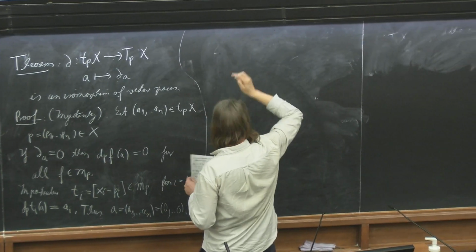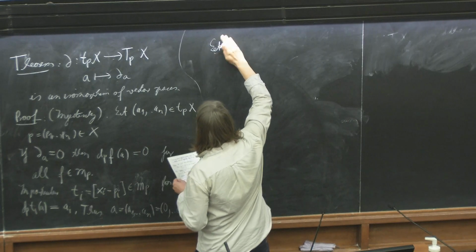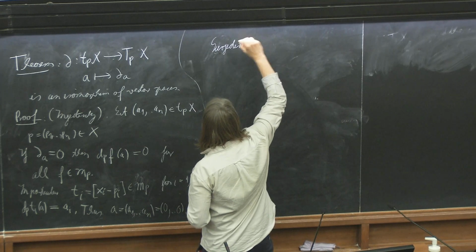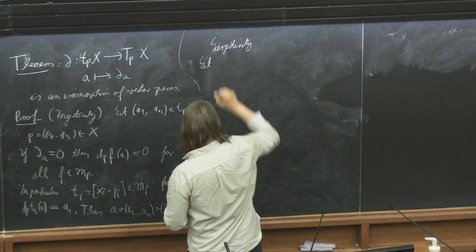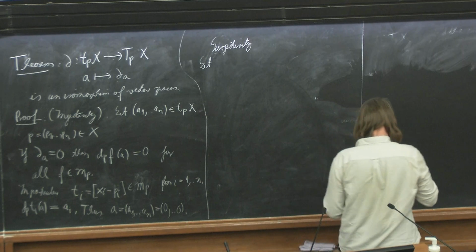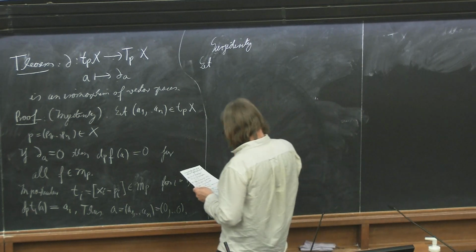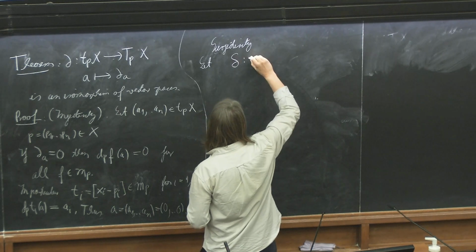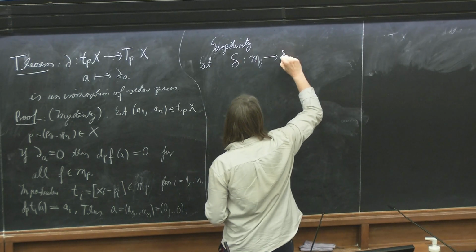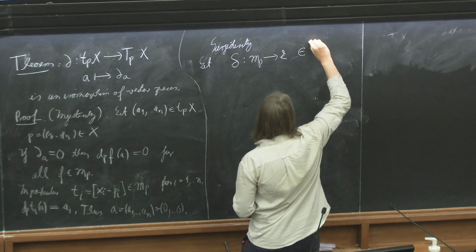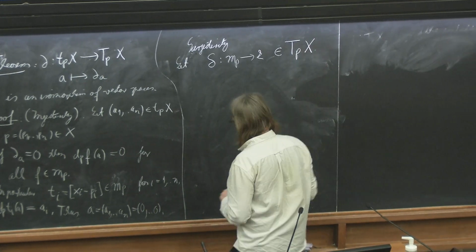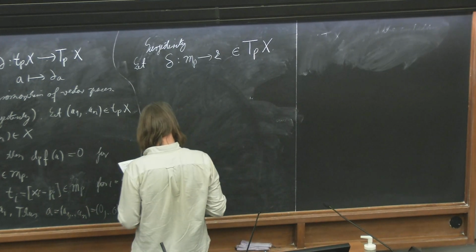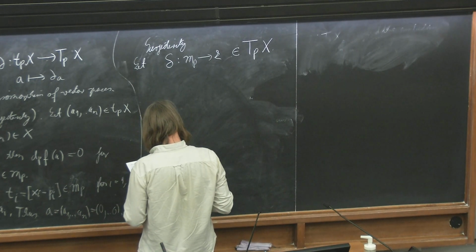So, surjectivity. We take some element delta from MP to K in this tangent space, and we want to see it's in the image, so we have to find the A that maps to it.